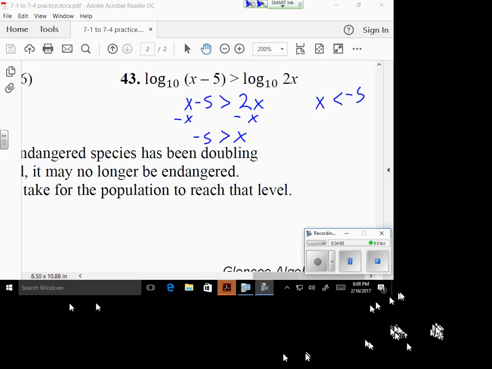But anything less than negative 5 is going to cause that to become negative. Anything less than negative 5 is going to be a negative number. 2 times a negative number is going to be negative. You can't take the log of a negative, so there is no solution.